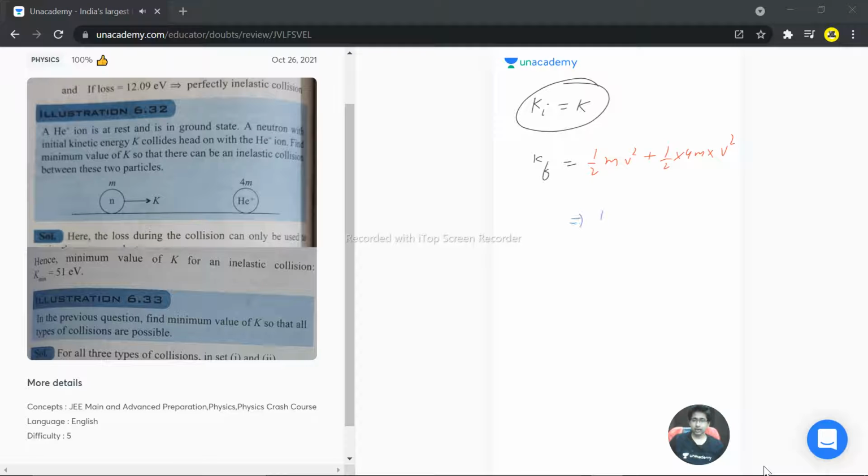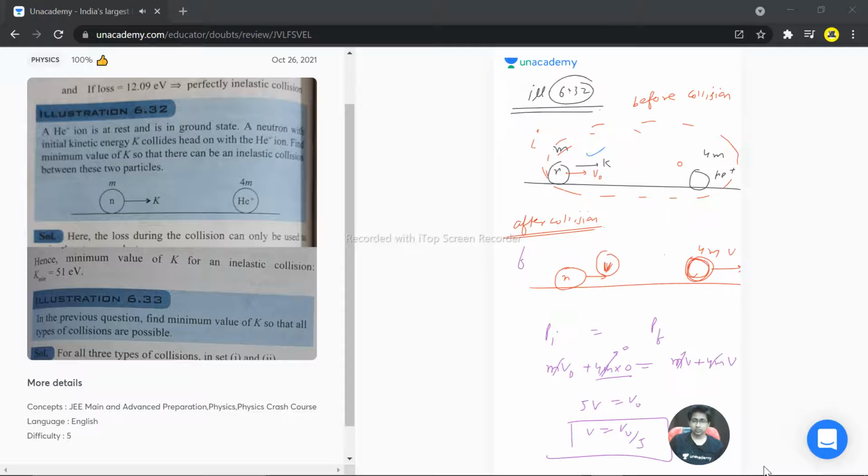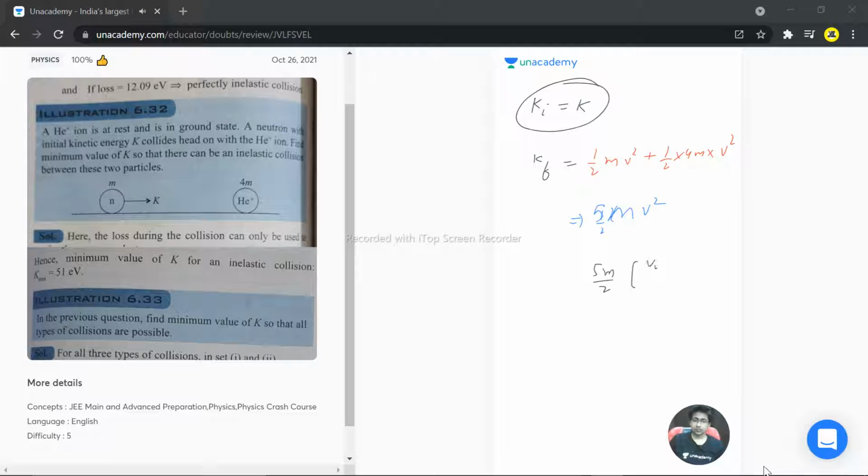Taking half common, this becomes 5 by 2 m v square. With v as v naught by 5, the final kinetic energy is 5m by 2 into v naught square by 25. 5 and 5 cancel out, and we get m v naught square by 10.